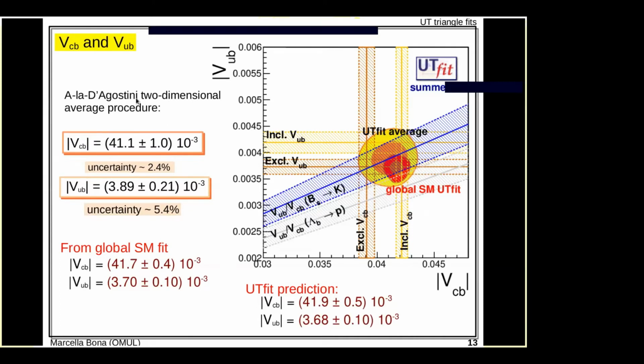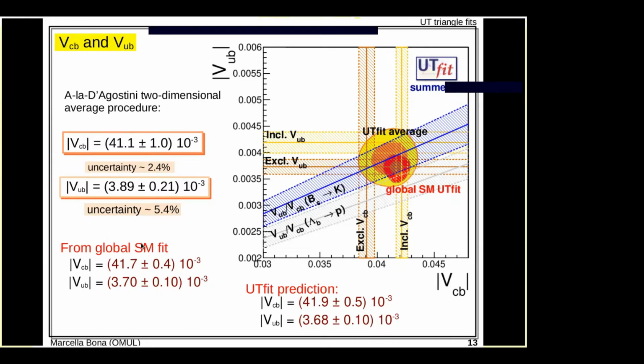This comes from this 2-dimensional inflation procedure, okay? If you do the same procedure that the PDG does in averaging two values in tension, you get something very similar. We cross-checked that, okay? So you get this as a central value for V_cb and V_ub, with very little correlation, as you can see. So we use these inputs in the global fit, okay? Of course you are inflating the error a little bit, but you see that you're covering most of the experimental results.